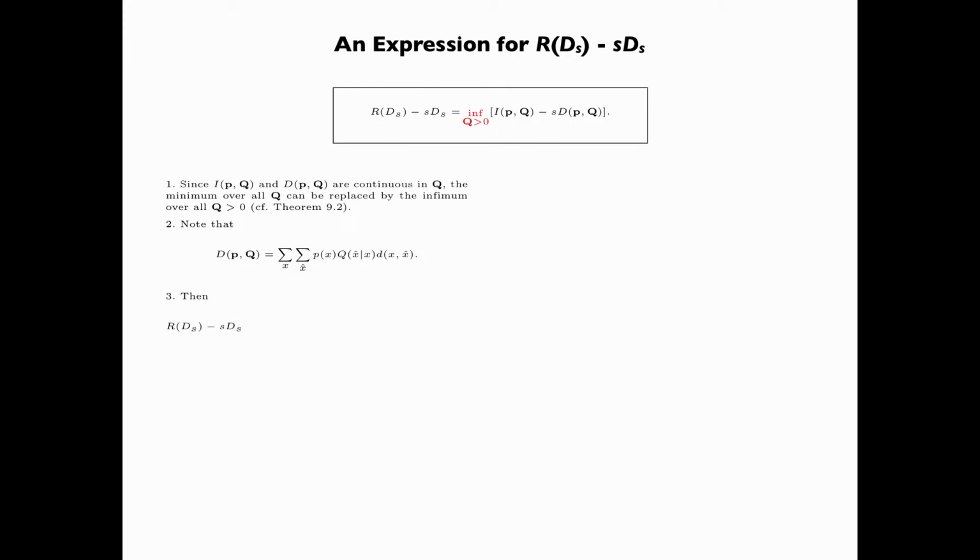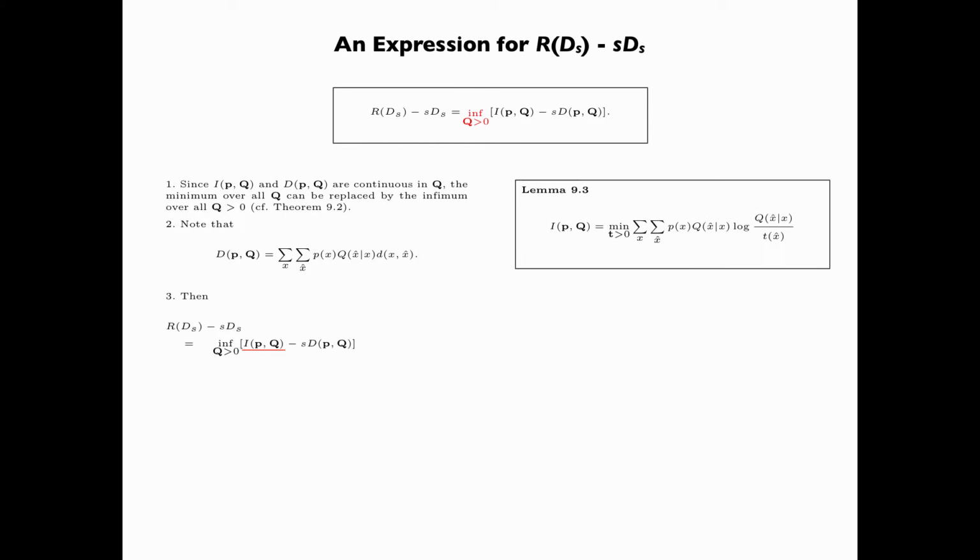Then R(D_S) minus S D_S is equal to the infimum of I(P, Q) minus S D(P, Q) over all Q strictly positive, where I(P, Q) by Lemma 9.3 is equal to the minimum of a double summation, and D(P, Q) from step 2 is equal to this double summation.